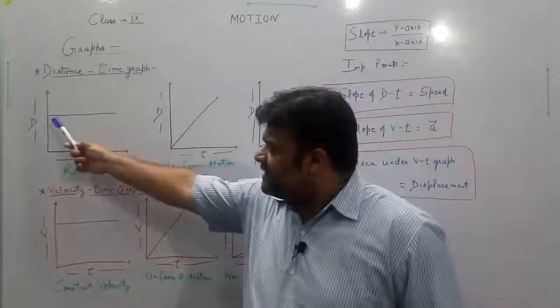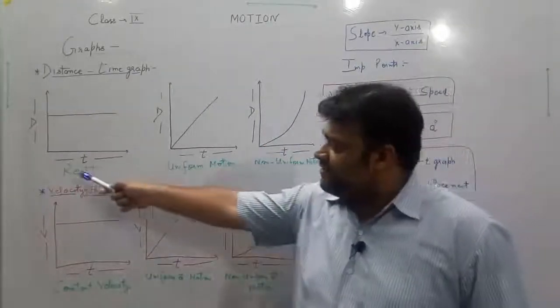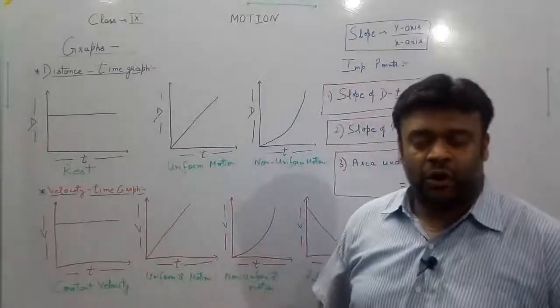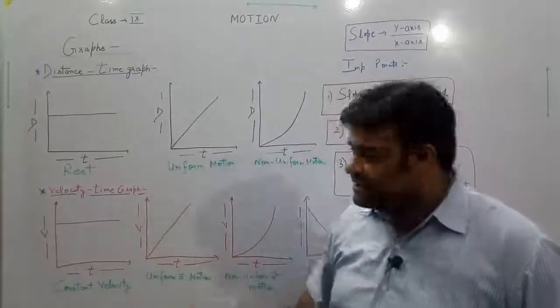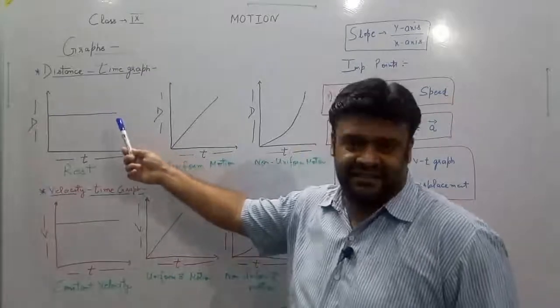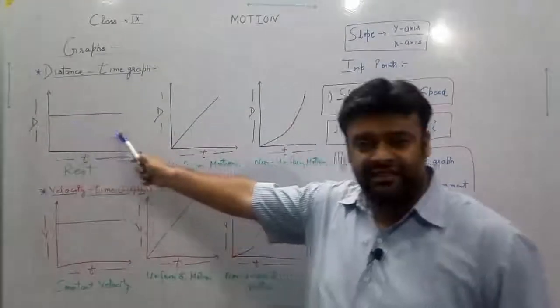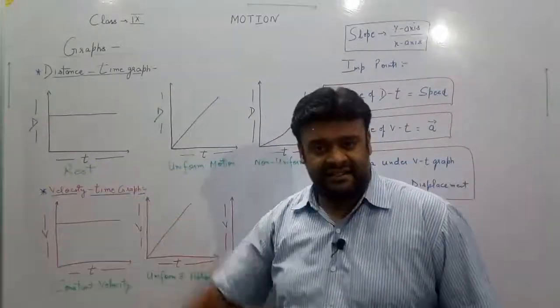If a straight line parallel to the time axis is there in a distance time graph, it represents that the object is at a stationary position, or we can say the object is at rest. That is, with the passage of time there is no change in distance. So an object with this type of graph, we say it is at rest.